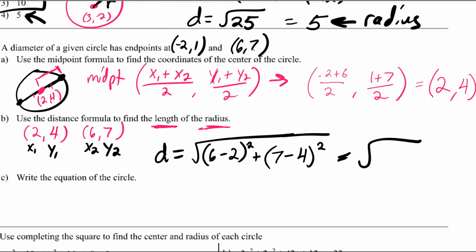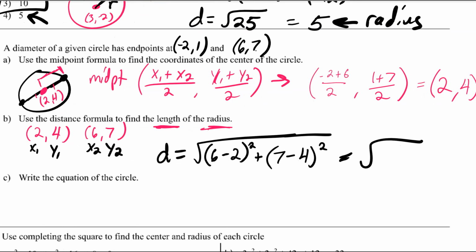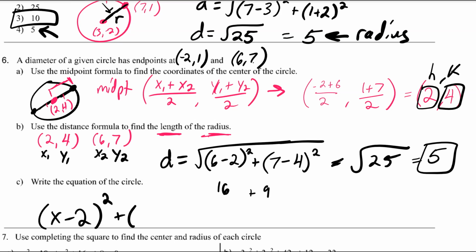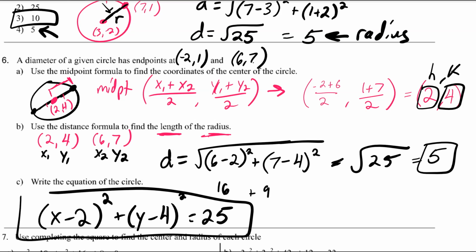And if I go to simplify that, let's see, 3 squared, 9. It's going to be radical 25 again, and I find that, lo and behold, my radius is 5. So when I write the equation of the circle, again with h and k as those coordinates 2 and 4, it would be x minus 2 squared plus y minus 4 squared equals my radius squared, which is 25.